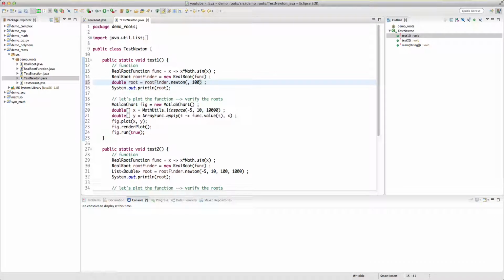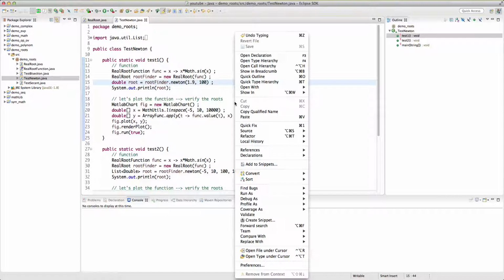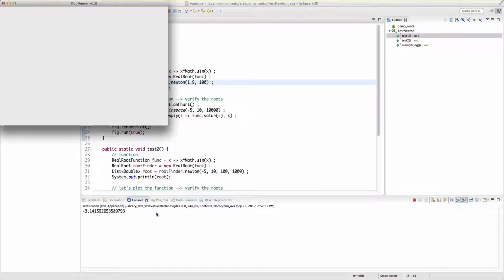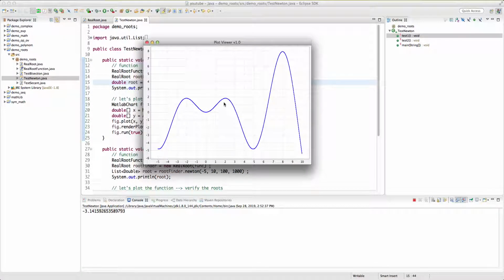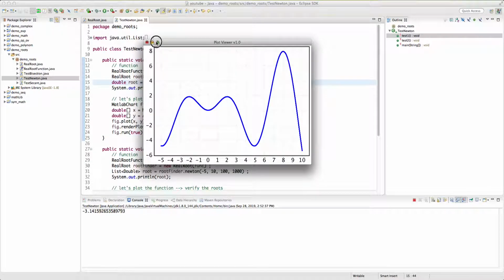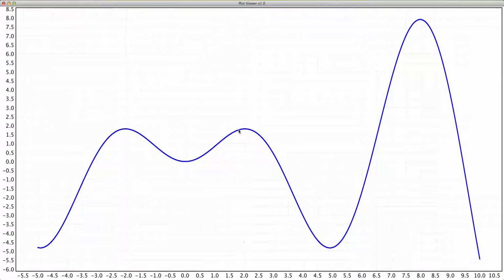Alright, let's put 1.9 here. So it draws a tangent, it goes here, and then it tries to converge to a root. So it could either converge to minus pi, or 0.